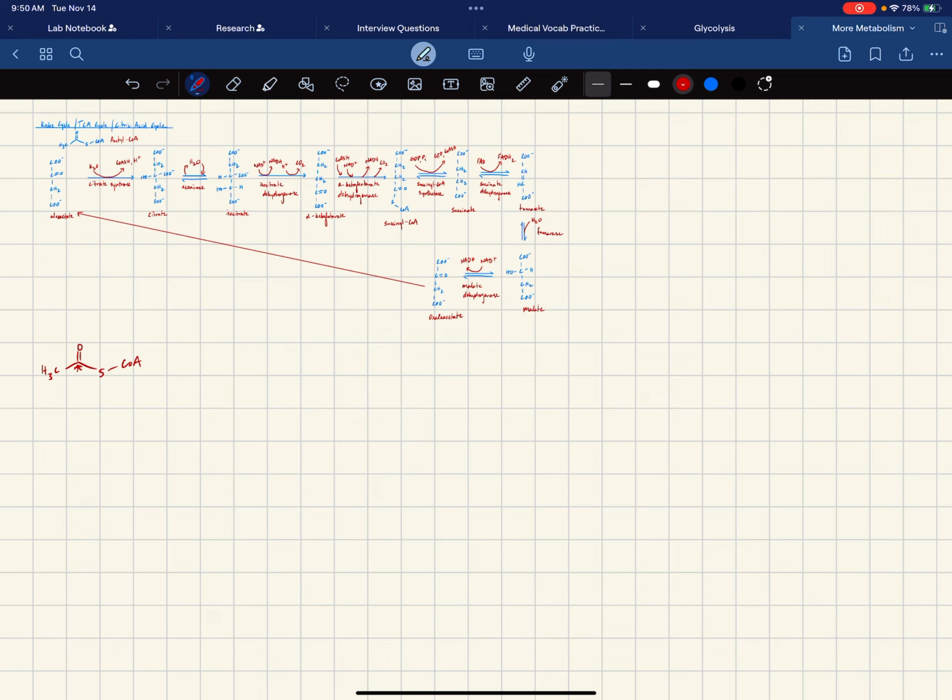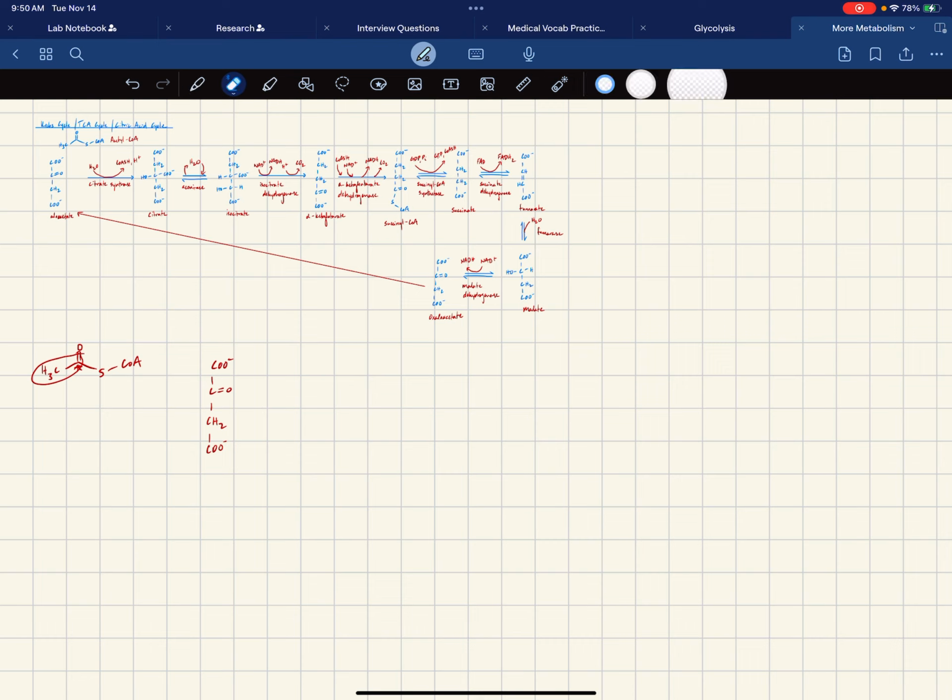If you remember, it's these two, so if we have oxaloacetate, these two carbons are going to come and sit on top of it right there.